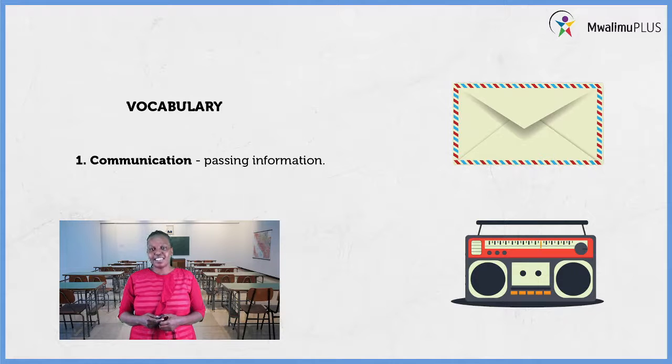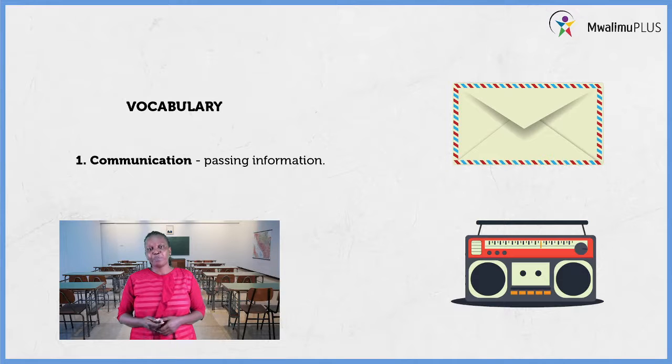What is that? Very good. That is a radio. We get a lot of information of what is happening in our country, what is happening in our neighboring countries, and also what is happening outside in the world at large.